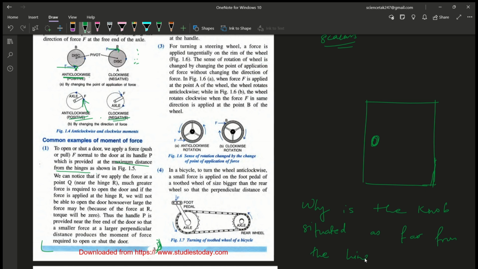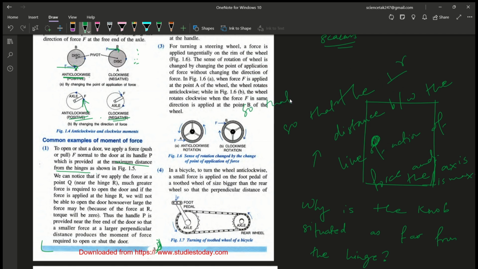So that the perpendicular distance between the line of action of force and the axis is maximum, so that maximum torque can be obtained.